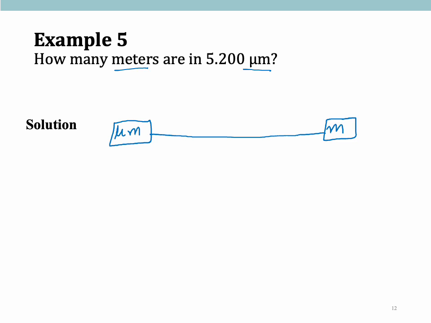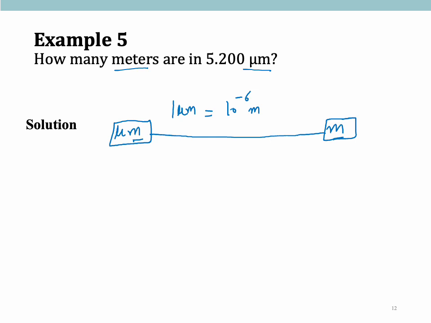If you remember from the prefixes chart, the common thing between them is meter, and the prefix here is micro. So we know from our prefix conversion table that 1 micrometer, where 1 always comes in front of the prefix, is 10 raised to the power minus 6 meters.